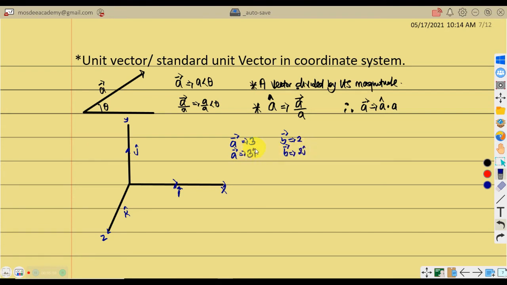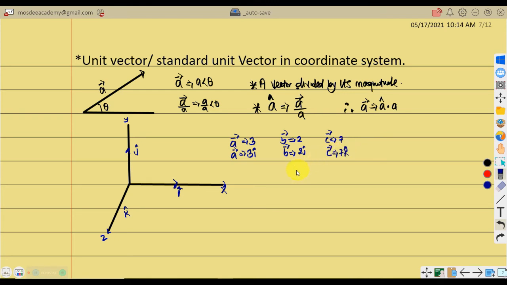So always keep that in mind. The cap is important. And if I want to do the z one, I take that as C. I take it as 7, C vector, which is the third one, the resultant. Then in standard unit form, C vector is given as 7k cap.